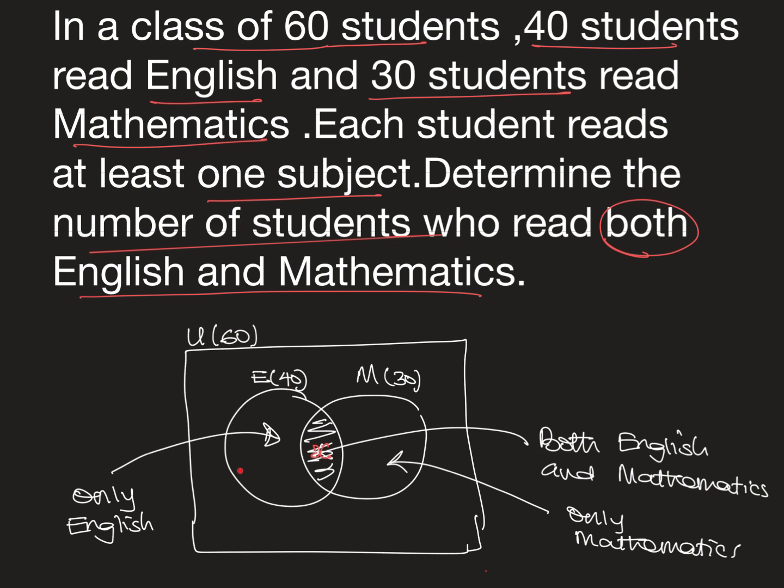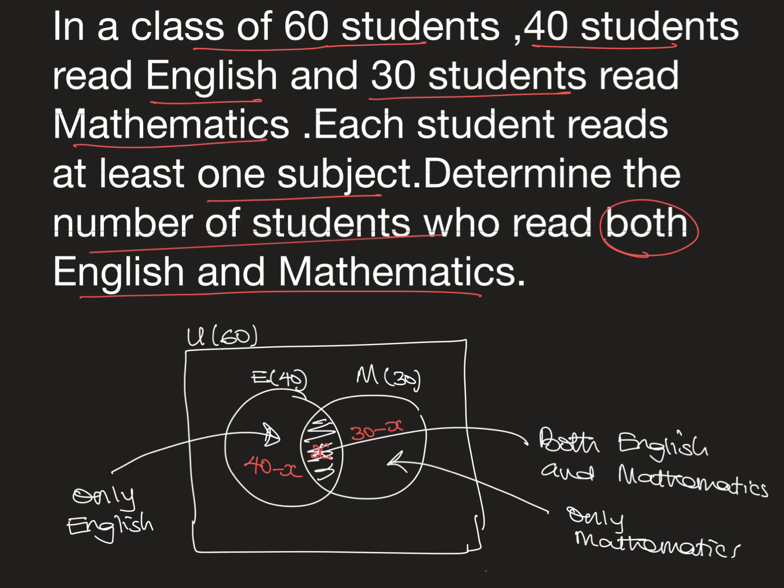If the total number of students studying English is 40, then X has to be subtracted from 40. So I will say 40 minus X. If the total number of students studying mathematics is 30, the number of students studying only mathematics will be 30 minus X. Right? So this is the information that you need. When you add all this, that is supposed to give you 60. I hope that is clear.